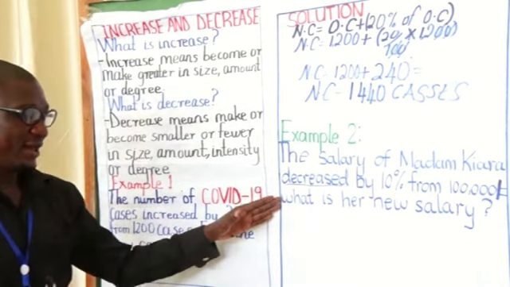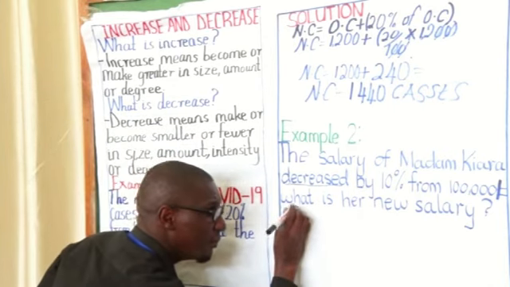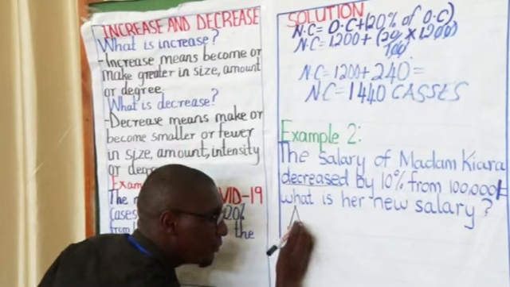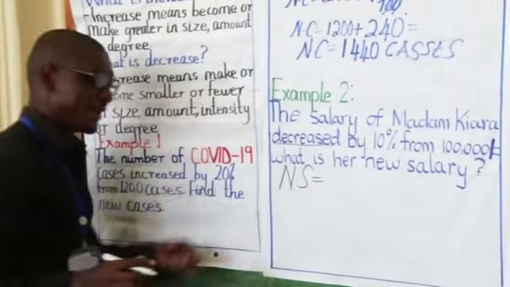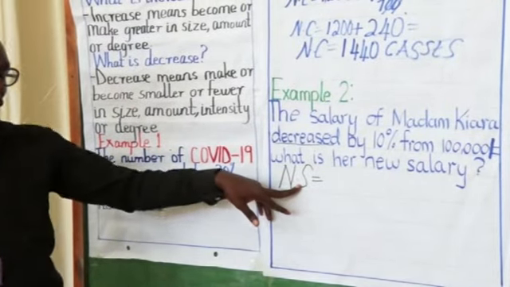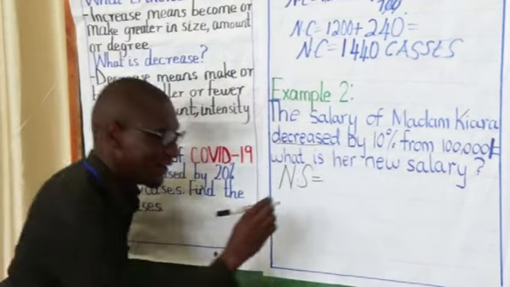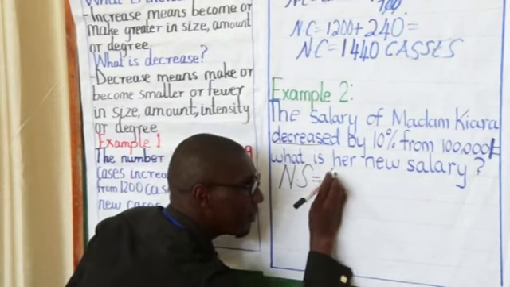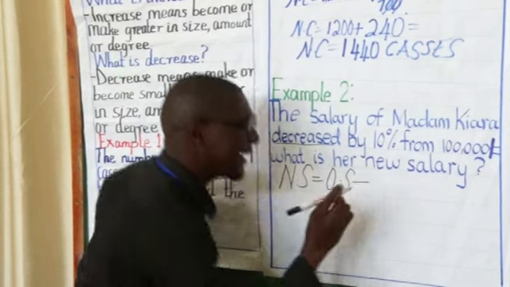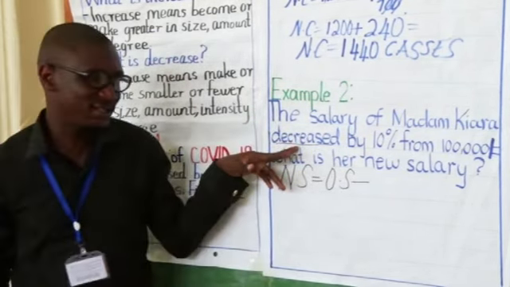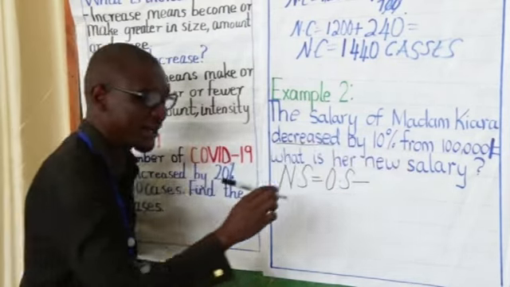Now, we say the new salary, NS, of Madam Kiara will be obtained by taking the old salary, take away, decrease, subtract 10% of the same old salary which was decreased.